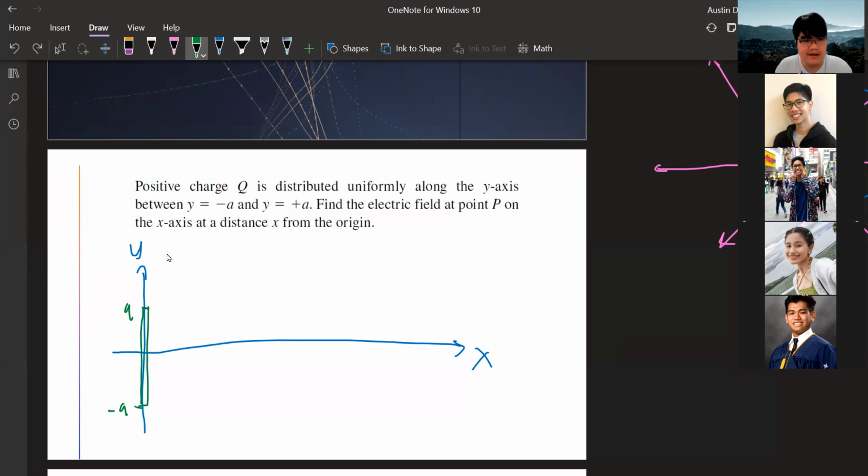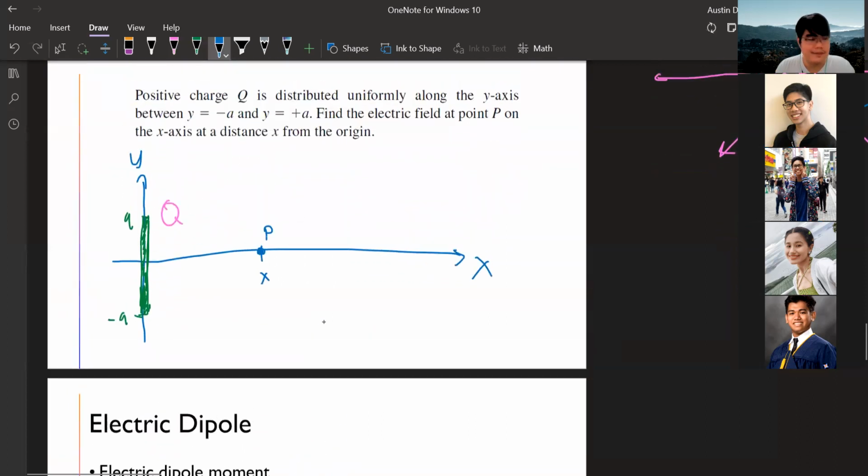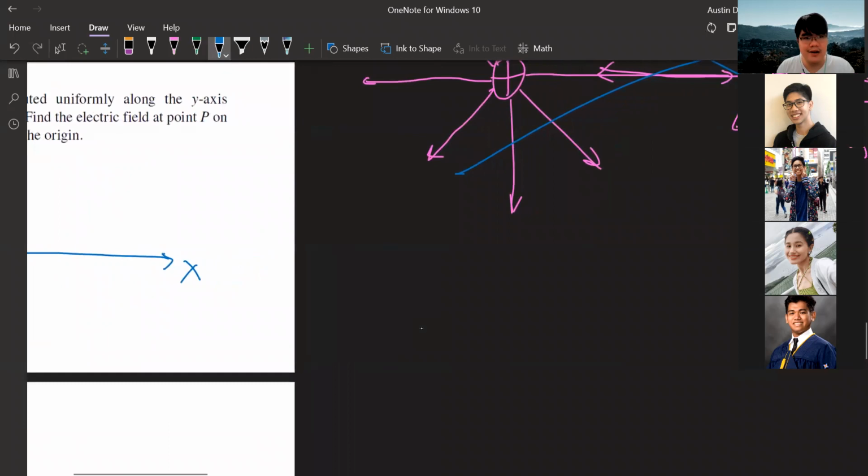So parang may rod ka sa y-axis mo na merong charge Q. And then you need to find the electric field at point P at some distance x at the x-axis from the origin. So gusto mo lang malaman dito kung paano yung electric field mo.